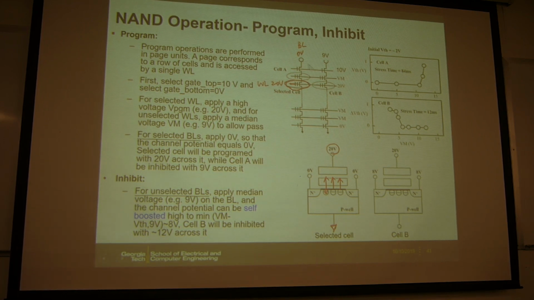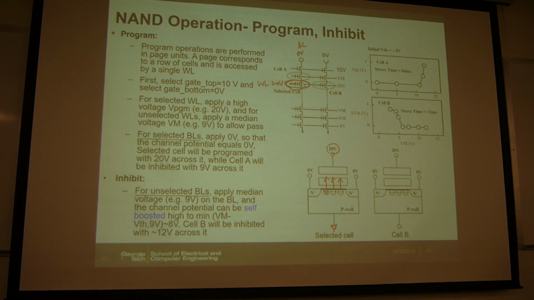However, there's one problem here. This 0 volts needs to be transferred to here, because you apply it from this terminal, but then here we have additional transistors in series. So what you need to do is to open those transistors, make sure this 0 volt can be transferred down to here.